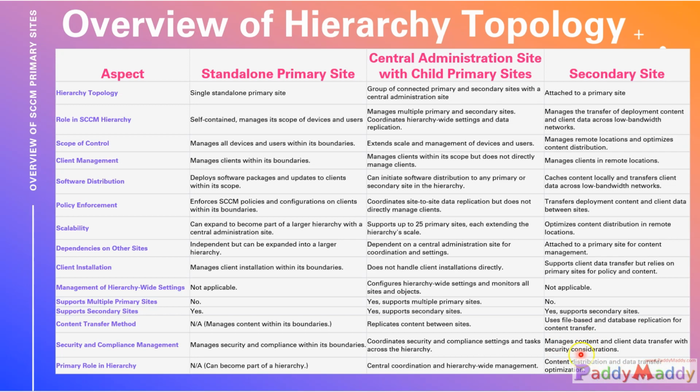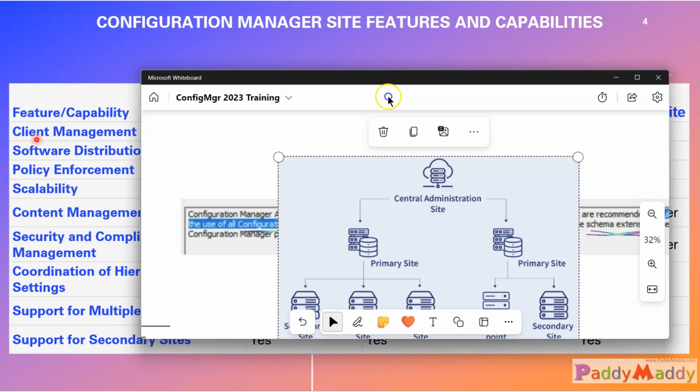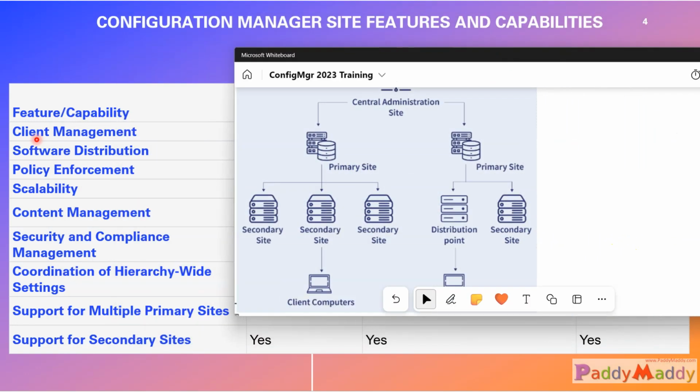Now let's jump into different topics that would be straightforward. It can give you some kind of numbering. So if you look here, I have listed the features and the capabilities. Let's say software distribution can be done with your primary site, or maybe with the secondary site, or some kind of roles and capabilities.